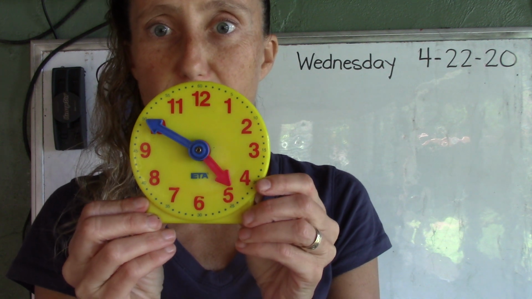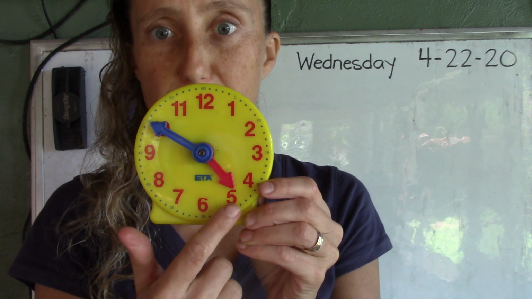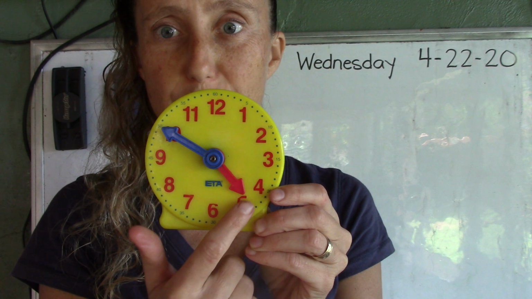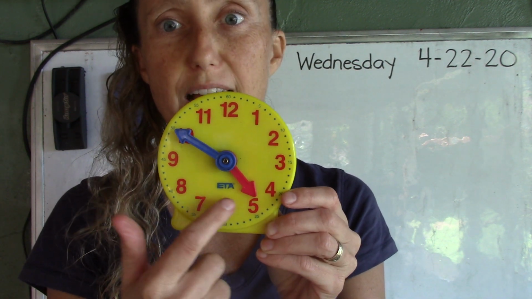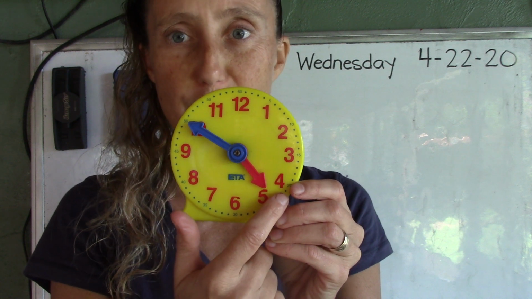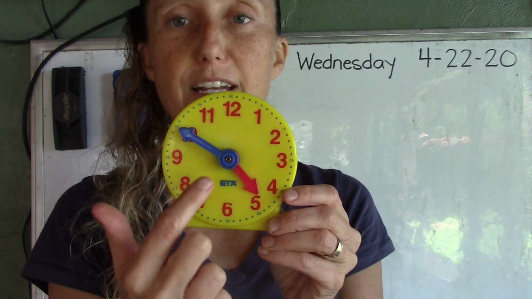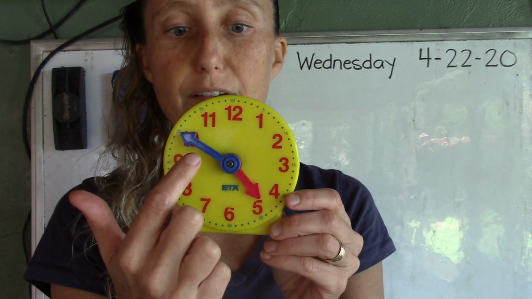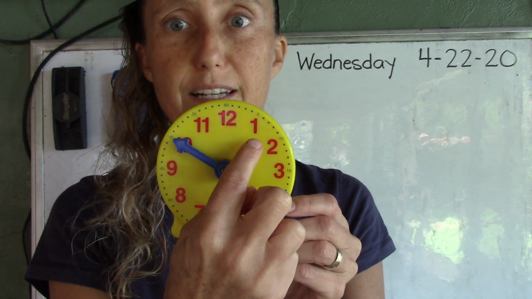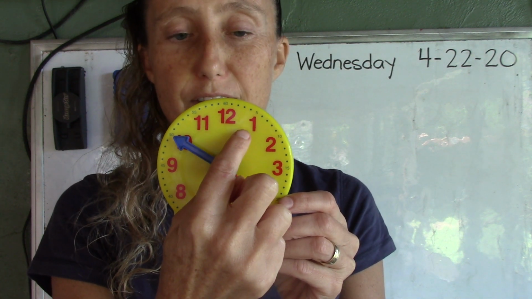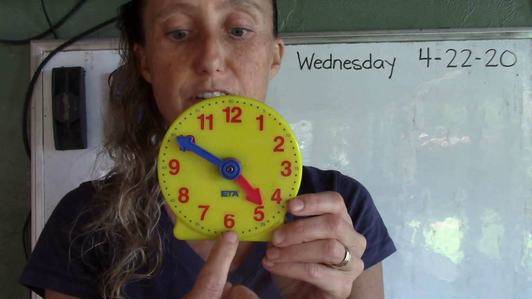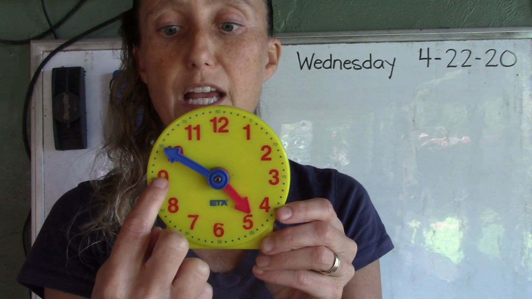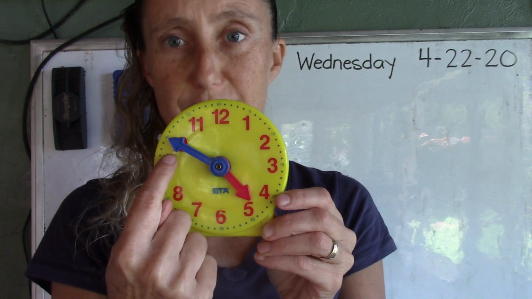Let's get a little bit more difficult here. Do you see this? All right, let's look at our hour hand. Now, it's between the 4 and the 5. It's almost to the 5, but not quite there, so we still have to go back to the 4. So it's 4 o'clock, and then to find out what the minute hand is on, we start counting at the 1, right? We count by 5s. 5, 10, 15, 20, 25, 30, 35, 40, 45, 50, right?